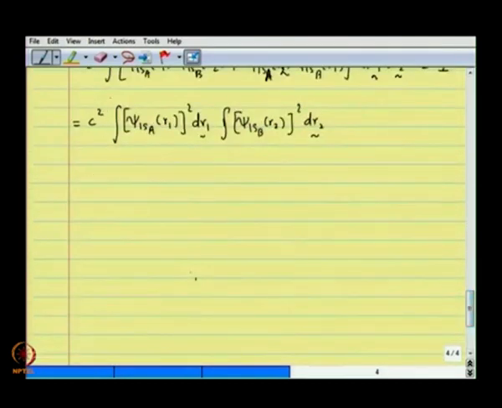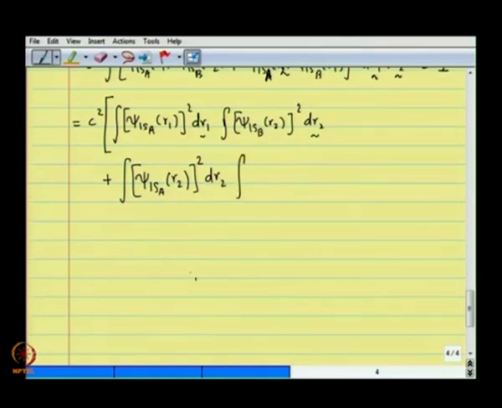The other terms are the integral of psi 1s A r2 squared d r2 and psi 1s B r1 squared d r1.